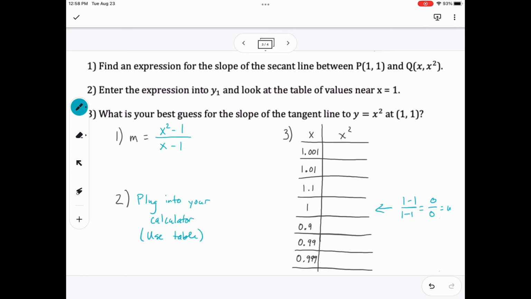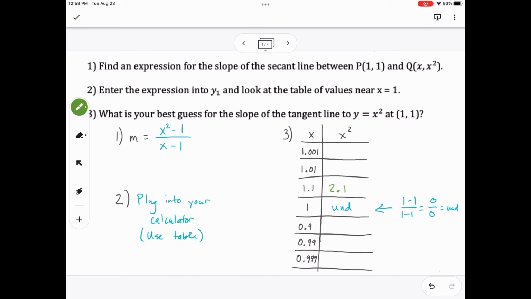If I plugged in 1, obviously that's undefined, so that's not helpful. Also, it looks like I have a mistake here: the y column should be x squared minus 1 over x minus 1. That's really what our y value is being represented by here.